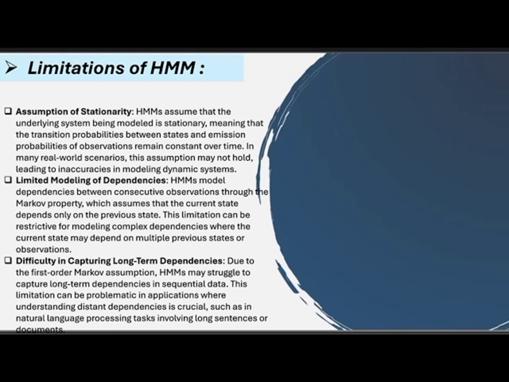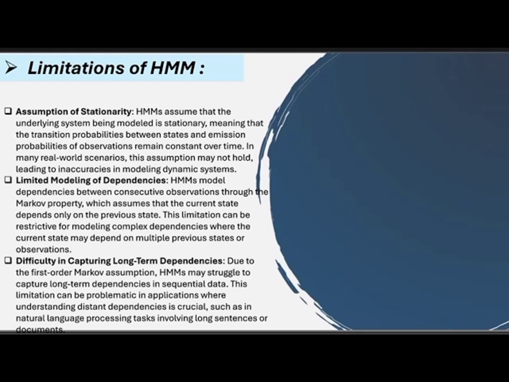Limited modeling of dependencies. The HMM models dependencies between consecutive observations through the Markov property, which assumes that the current state depends only on the previous state. This limitation can be restrictive for modeling complex dependencies where the current state may depend on multiple previous states or observations. The next one, the difficulty in capturing long term dependencies.